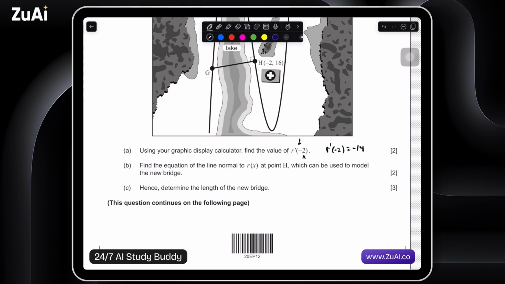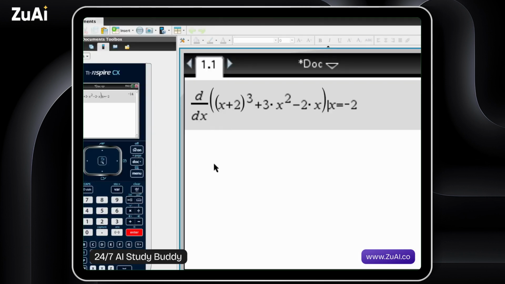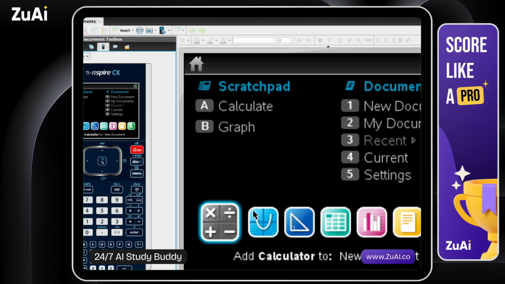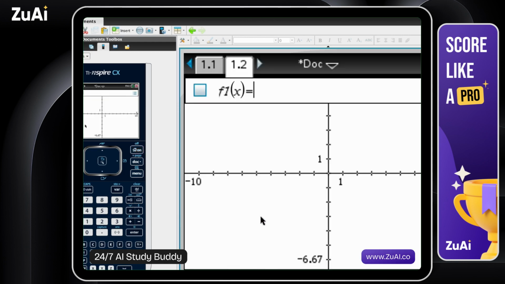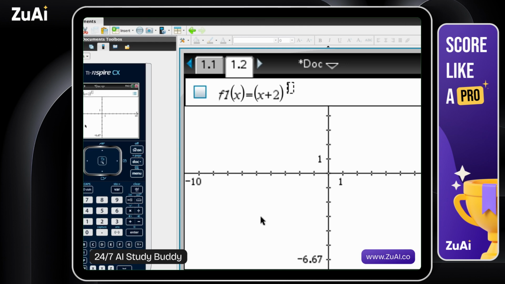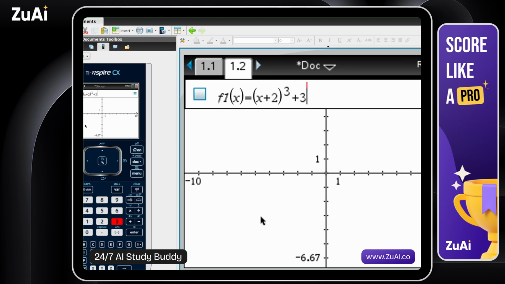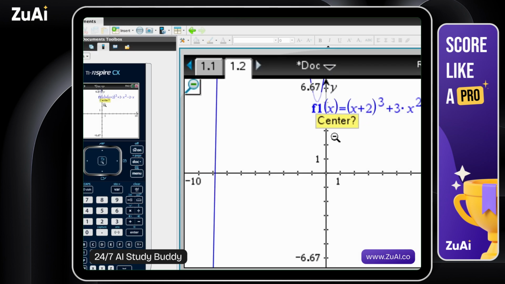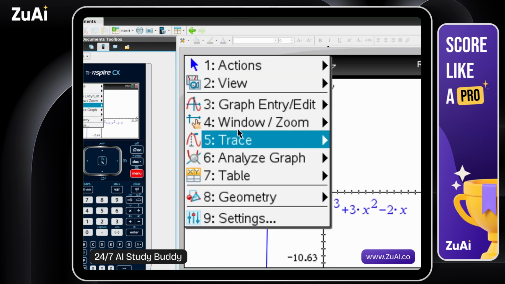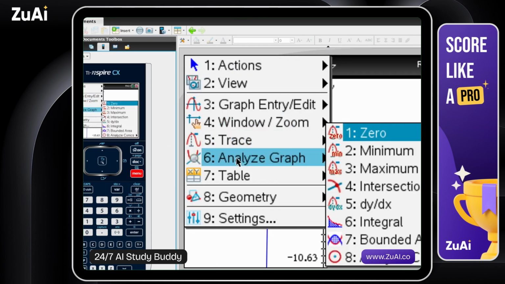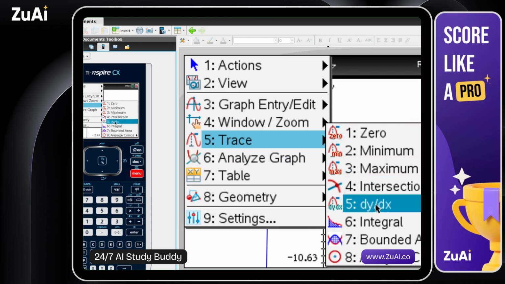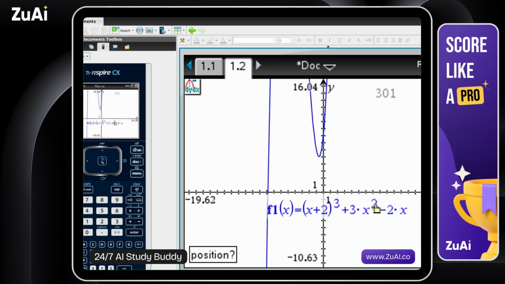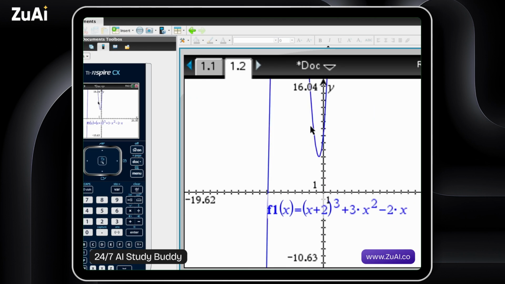I'll show you the other way because sometimes it's actually helpful to do it this way as well. If you go on your calculator and put in the function as well, (x plus 2) cubed plus 3x squared minus 2x. Here's our function. I'm going to zoom out just a little. And we want to find the derivative dy/dx at some point. And so let's actually first get that point.